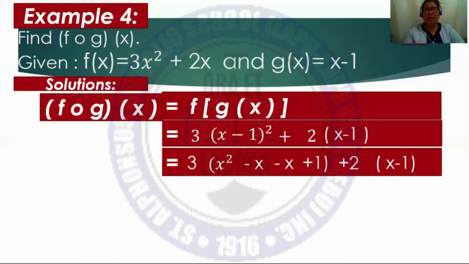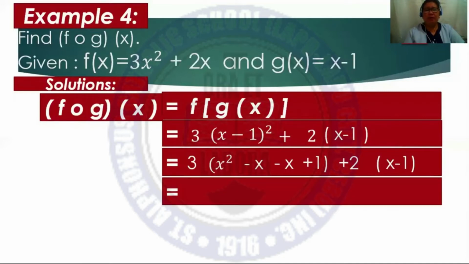Then we have to simplify further. What we have now is 3 times the quantity of x squared minus 2x plus 1 plus 2x, distribute 2 to x, and 2 times negative 1 is negative 2.